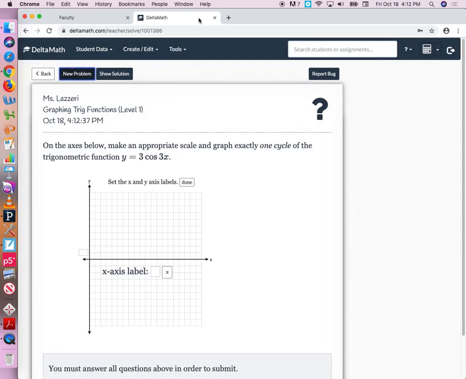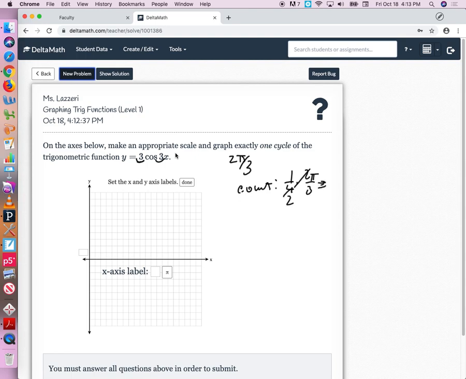All right, so let's do this one. 3 cosine 3x. The amplitude is 3, and the period is 2 pi over 3. To find out what I'm going to count by, I'm going to divide that into fourths.